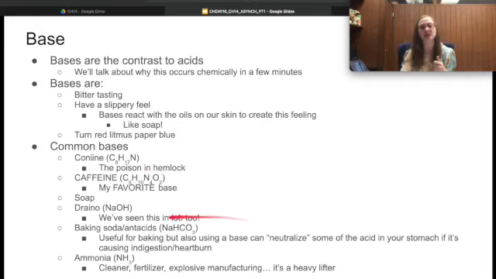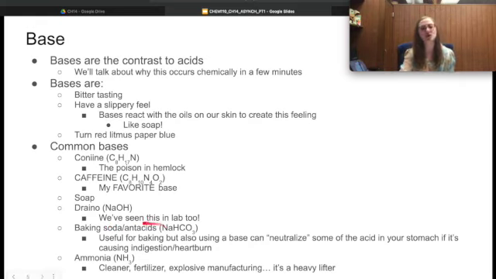Another one you may have seen, I brought it up just a little bit earlier, is sodium bicarbonate, which is NaHCO3. Bicarbonate is this polyatomic ion you see here, HCO3. This is baking soda. If you've used baking soda while baking, it creates bubbles and makes your bread nice and light and fluffy.